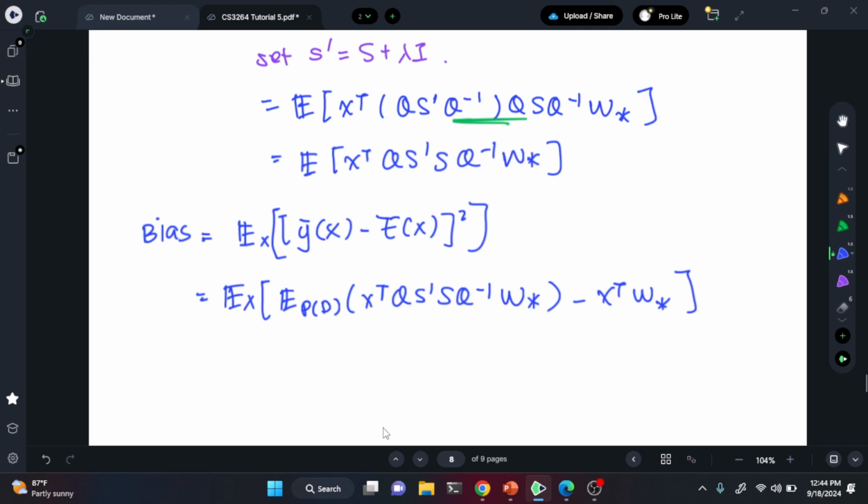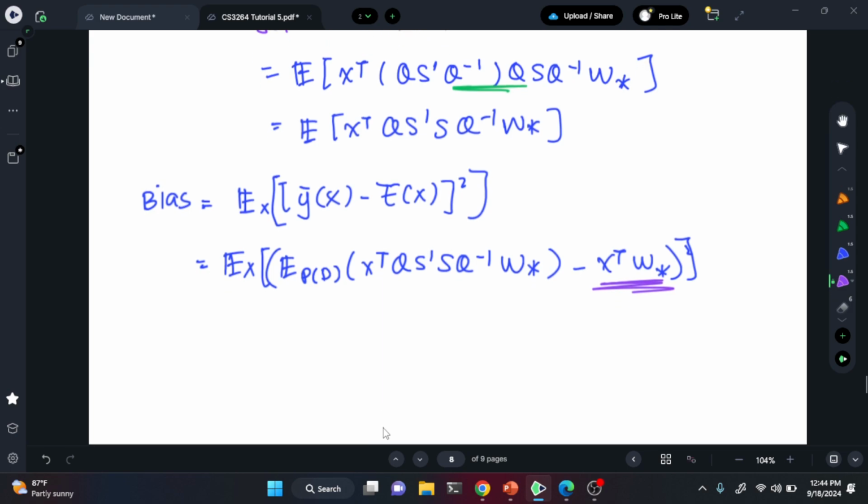When this happens, there's another magic that will happen here. The next magic part is that I want to convert this into some form of expectation such that I can combine it with the previous term. What do we do here? I can just do this expectation over x.